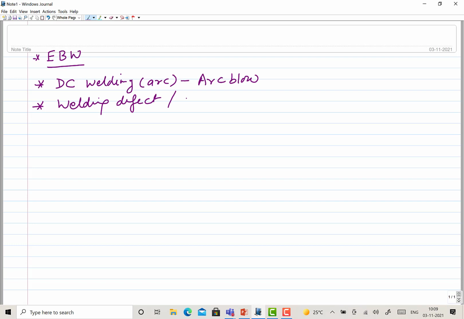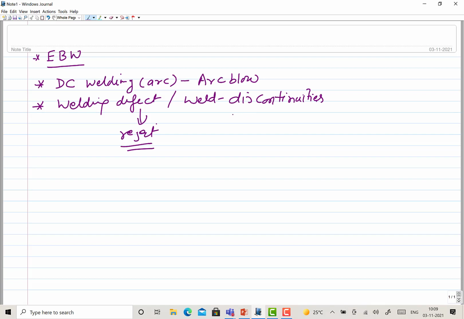We call them weld discontinuities also. There is a little difference in the two. When the weld joint is rejected, we say the defect is of a large size and the joint needs to be replaced or rejected.